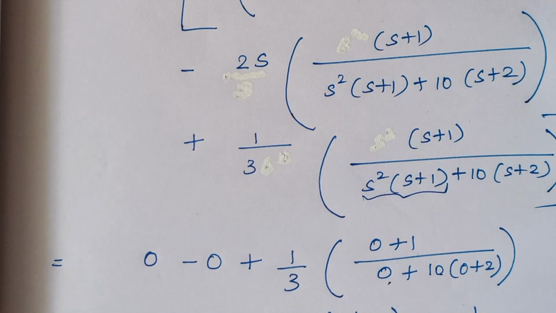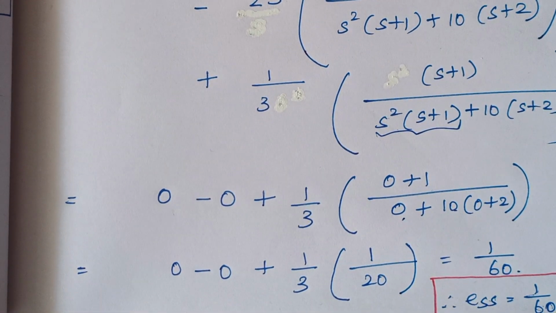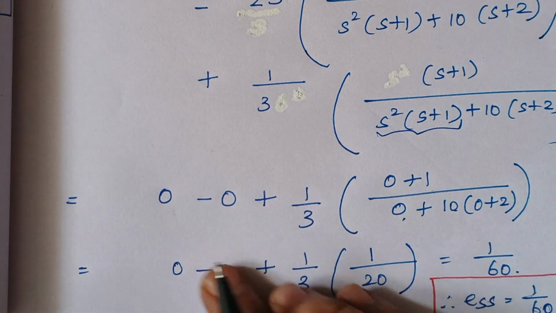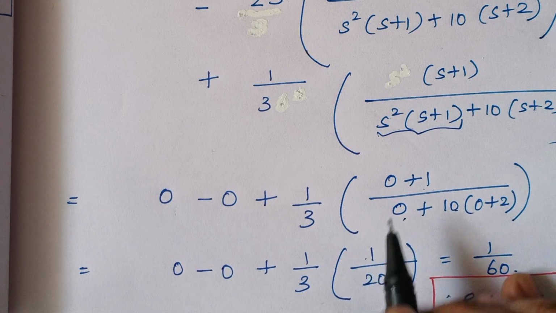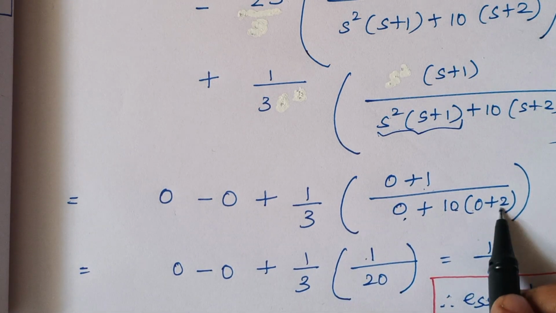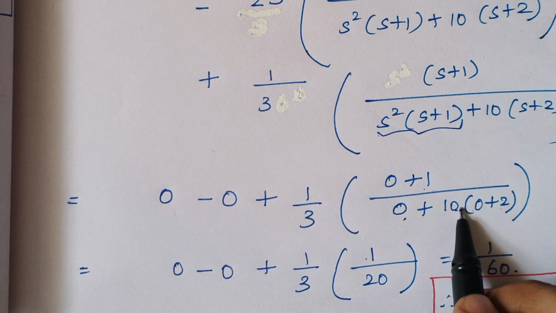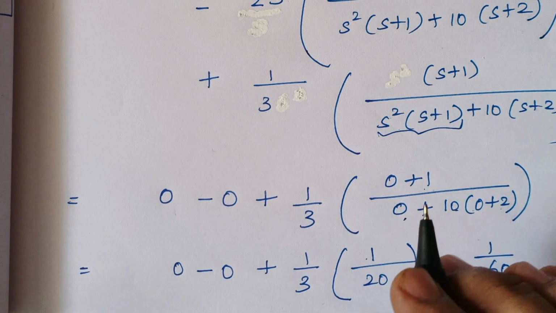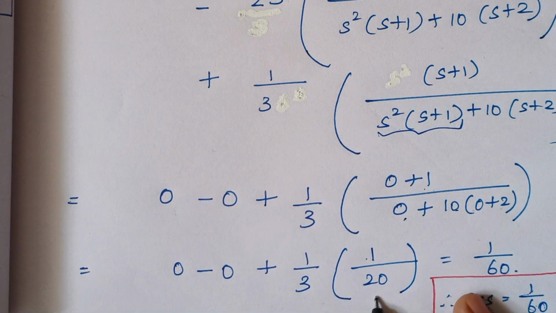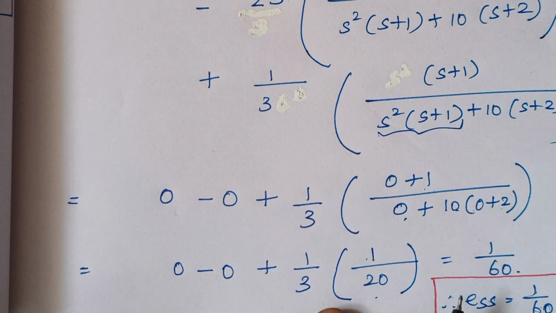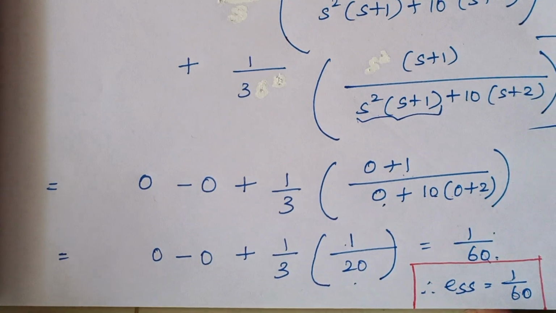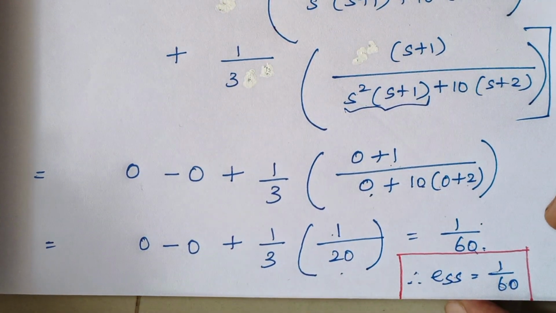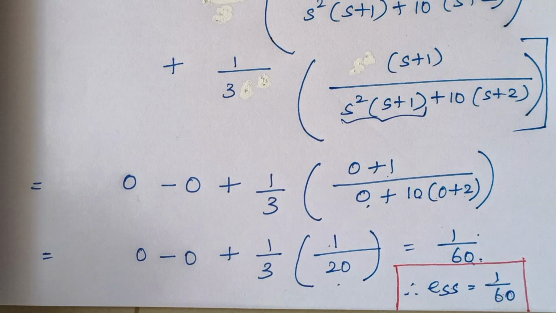When you solve this, these two terms are 0, so 1 by 3 into 0 plus 1 becomes 1, divided by 0 plus 2, which is 2. So 10 into 2 is 20, and 20 plus 0 is again 20. When you multiply these two terms, finally I have 1 by 60 as the answer. Therefore, the steady state error for the given problem is 1 by 60.